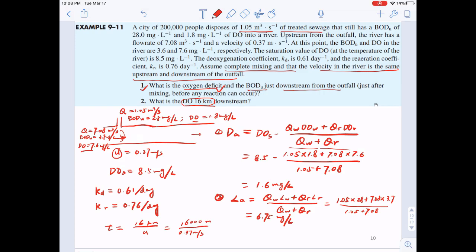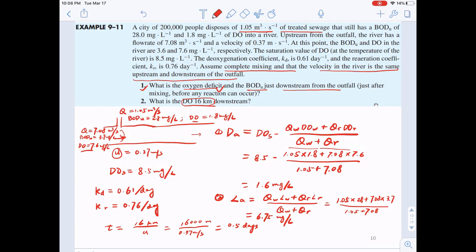It turns out that the time needed for the water to flow over there is 0.5 days. Of course, we have to convert the seconds into days, using that each day is 24 hours and each hour is 3,600 seconds.